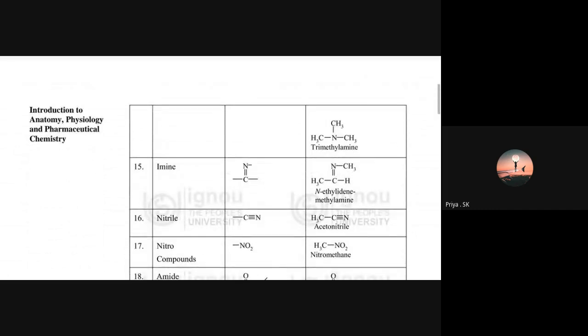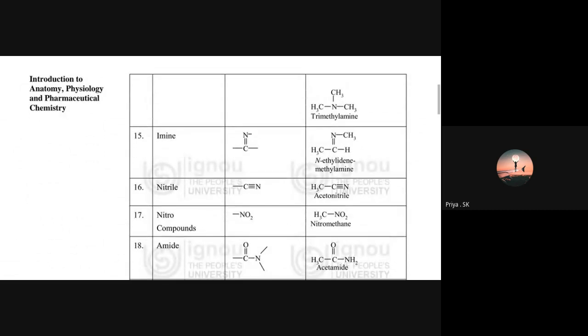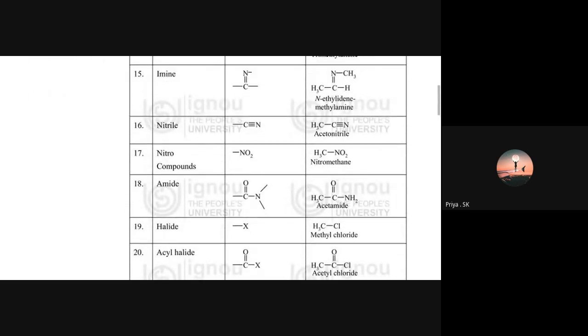Then imine, that has nitrogen attached to a carbon atom, like N-ethylmethylamine. Then nitrile, which has nitrogen bonded to a carbon atom with a triple bond, an example is acetonitrile. Then nitro compounds, which have NO2, an example is nitromethane.